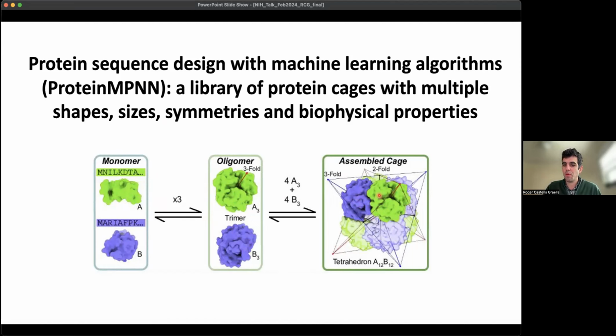And then we would put these structures and provide them to ProteinMPNN and tell it, generate a new sequence that is going to be able to fold in the same way as the subunit. At the same time, it's going to make contacts with the two neighboring subunits in the trimer, so it's still going to form a trimer. But at the same time, it's now going to form contacts with the subunits from the neighboring trimer, which is different. And the same for the subunits in the other trimer, the purple one.